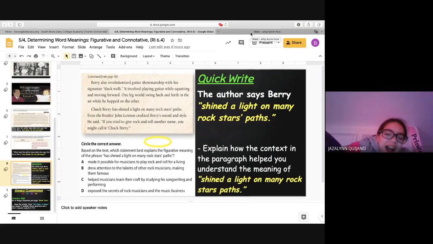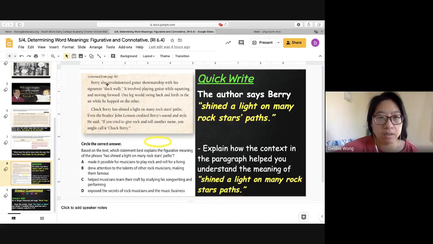I picked B because when they say has shined a light on many rock stars' paths, it kind of means like it's showing all the attention that they got, like all the past rock stars, and why they got it, which is because of their talent, like playing the guitar and stuff.